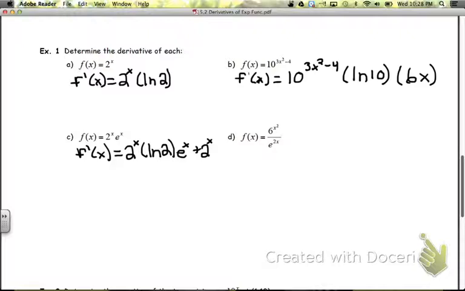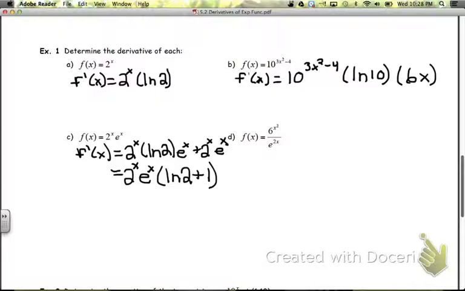Now the derivative of e to the power of x, remember from yesterday's notes, is just e to the power of x. So notice here I can factor out a 2 to the power of x, e to the power of x, and I'm left with ln 2 plus 1. Remember, that's just simple factoring.